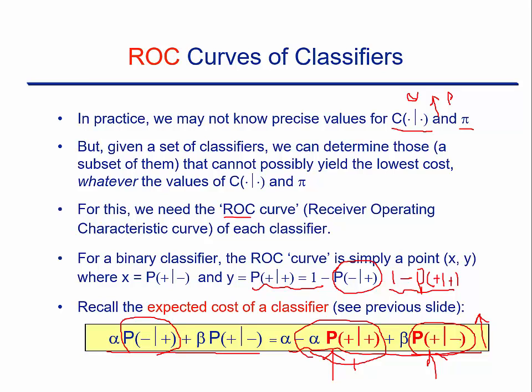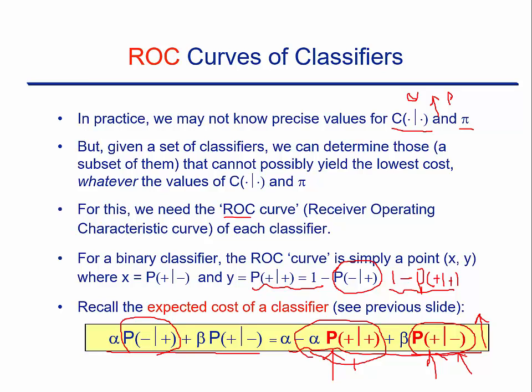So in this case, we need a second performance metric, which is the false positive rate. We want all healthy persons to be correctly diagnosed as healthy. In other words, we want the rate of misdiagnosing healthy persons as low as possible.